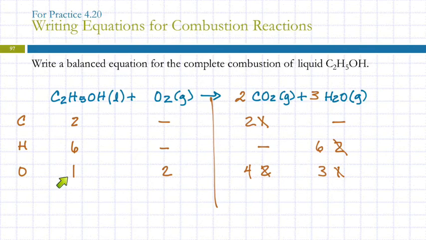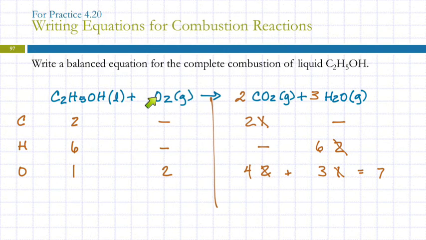And now, down to the oxygens, I've got a 1 and a 2. That's a total of 3 over here. And 4 plus 3 is 7. I need 7 oxygens. I don't want to mess around with the coefficient on this one because that would mess up the carbons and the hydrogens.